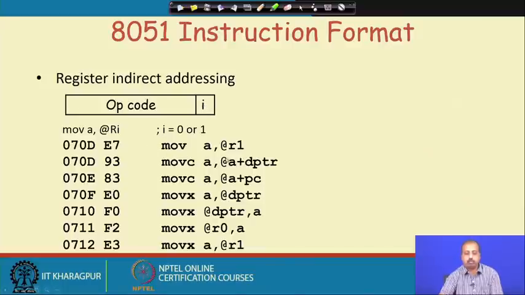When we say MOV A, @R1, that is coded as E7. Then similarly, MOVC A, @A+DPTR will be coded as 93. Then MOVC A, @A+PC will be coded as 83. Then MOVX @DPTR, A will be accessing external memory.